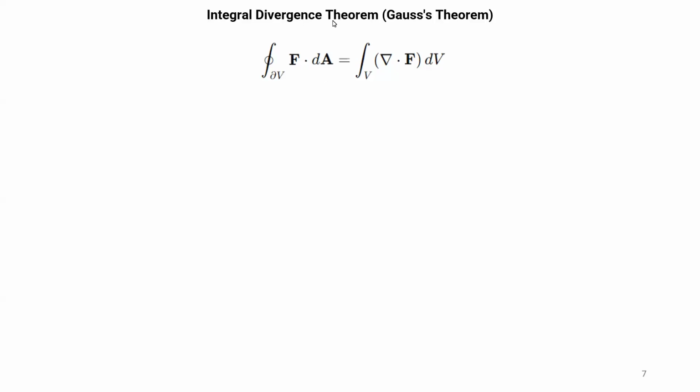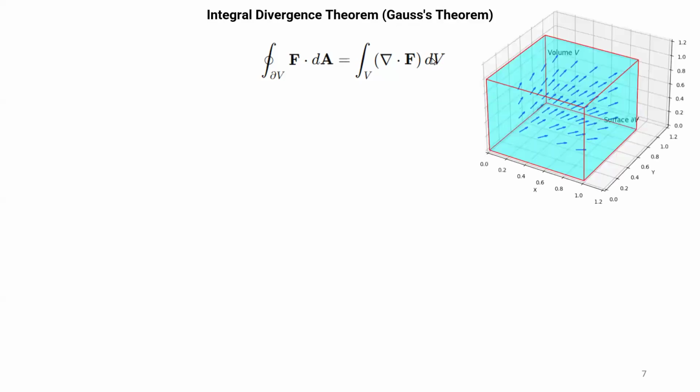The first integral theorem, or so-called Gauss theorem, dictates that the flux of vector field F through some closed surface dV.